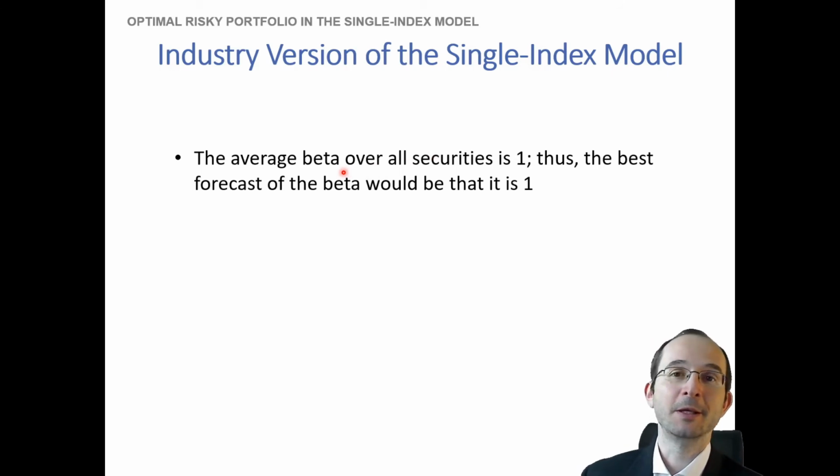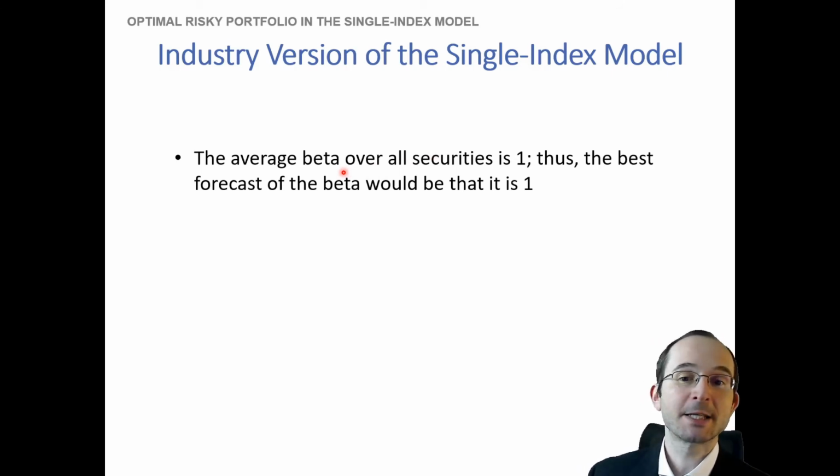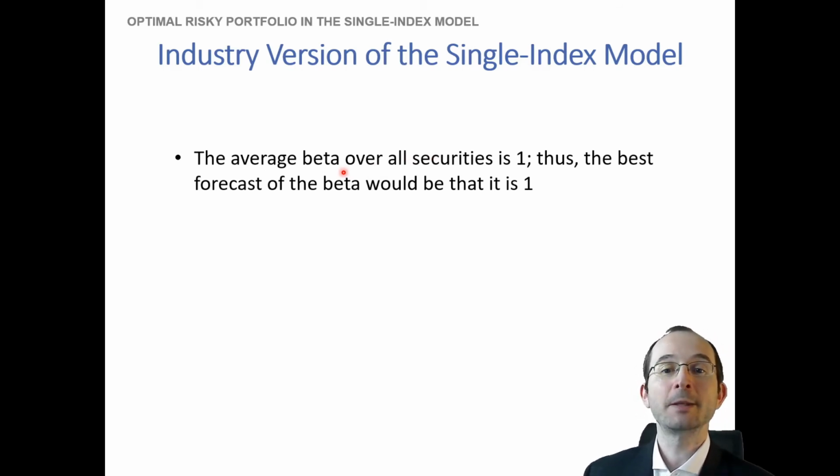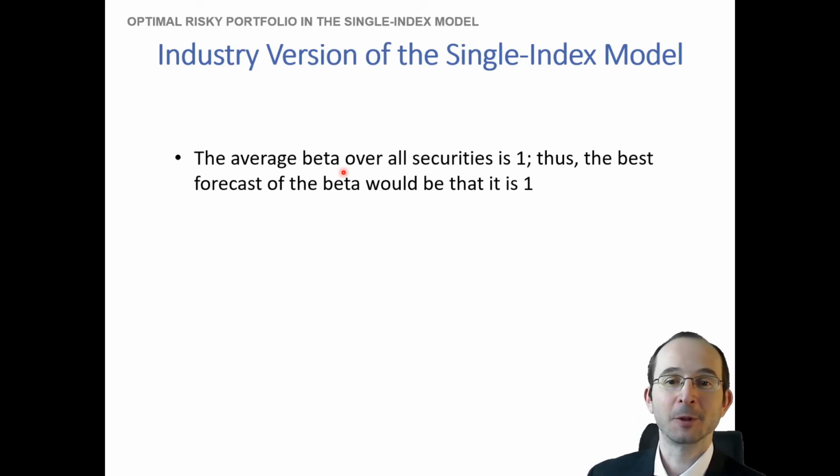Remember, the market portfolio is made up of all assets, and of course the beta of the market portfolio is by definition 1. So that means the average beta for all assets is also 1. So if you had to forecast a beta for any arbitrary asset, knowing nothing about that asset, your best guess should probably be 1.